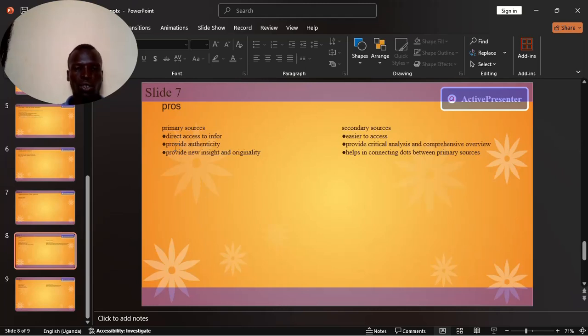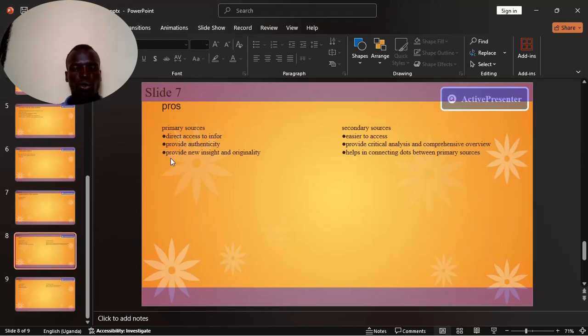Next is it provides authenticity. Authenticity means the true or the original part of it, the direct part of it. Therefore, you will be able to get the right information. Next is it provides new insight and originality.